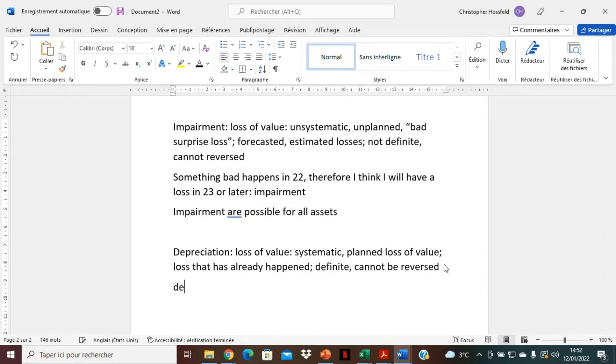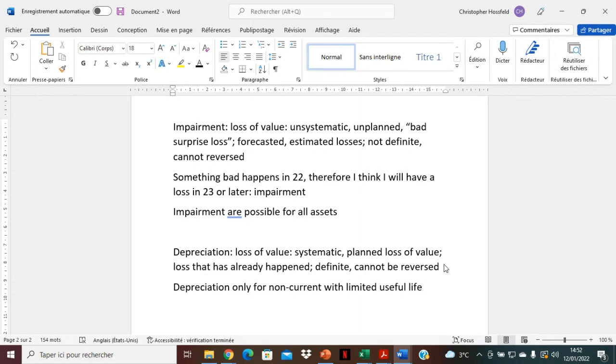Whereas depreciation is only for non-current assets, property, plant, and equipment, and so on, and only for non-current assets with a limited useful life. So, for example, a piece of land is not depreciated.